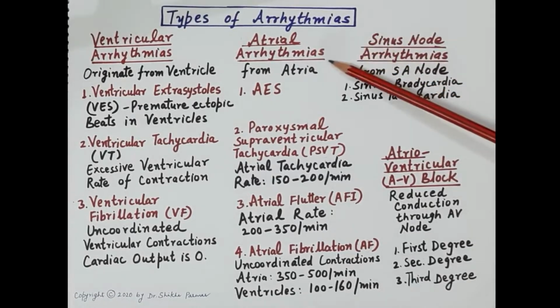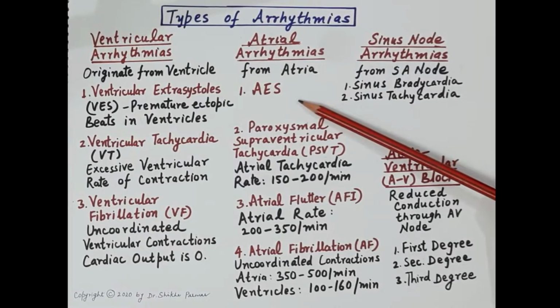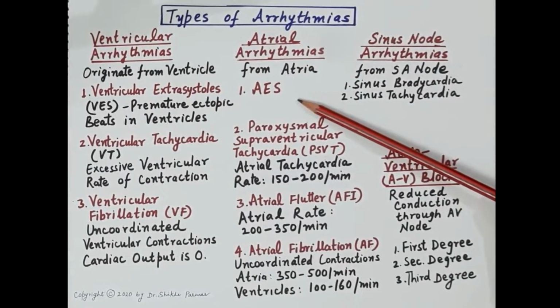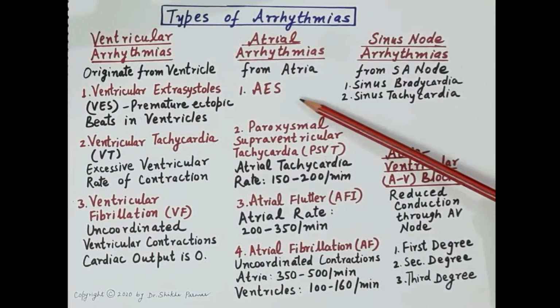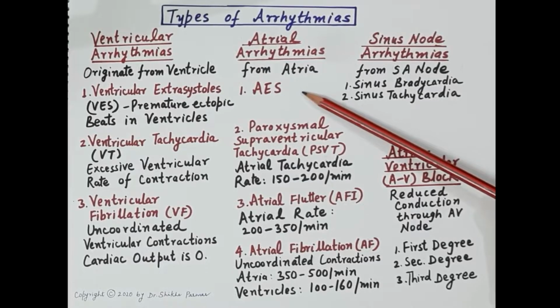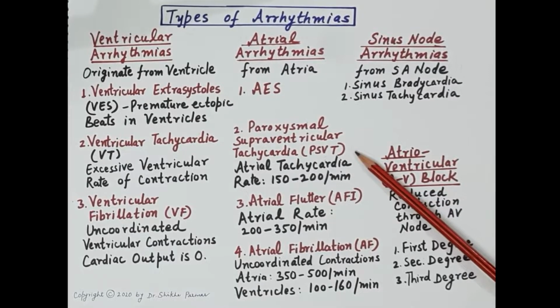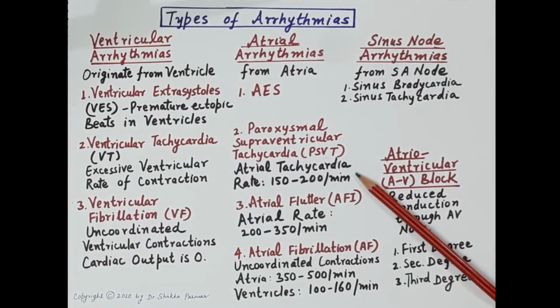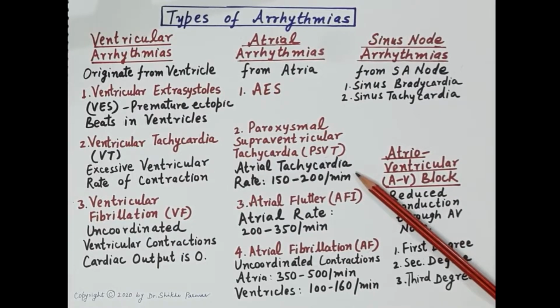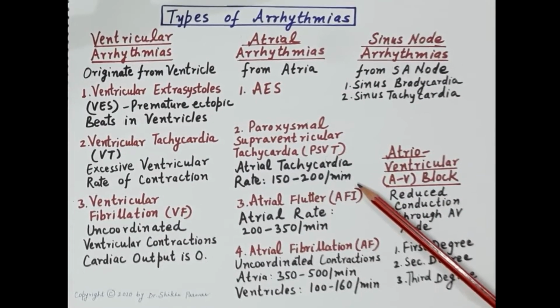Now when we talk about the atrial arrhythmias, these originate from the atria, and the first is the atrial extrasystoles. These extrasystoles, or premature ectopic beats, are produced in the atria and are responsible for atrial extrasystoles. Then paroxysmal supraventricular tachycardia. It is the atrial tachycardia in which the rate of contraction of atria is 150 to 200 times per minute.